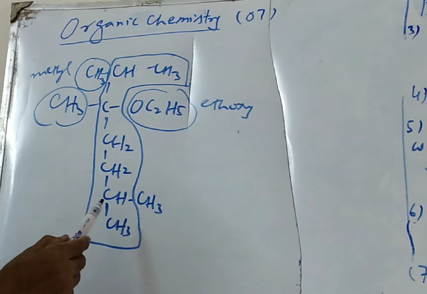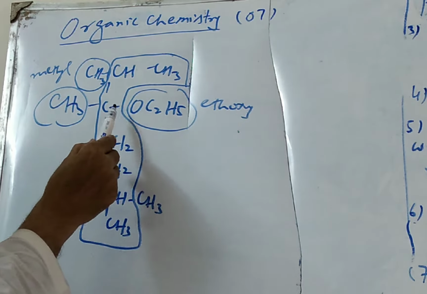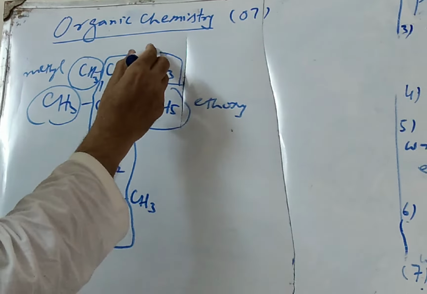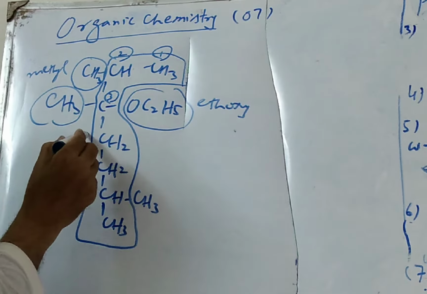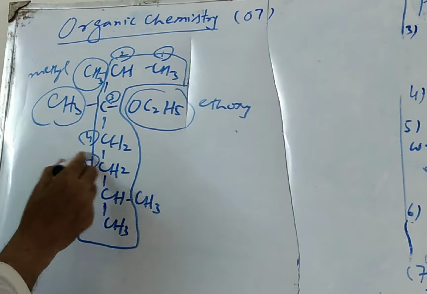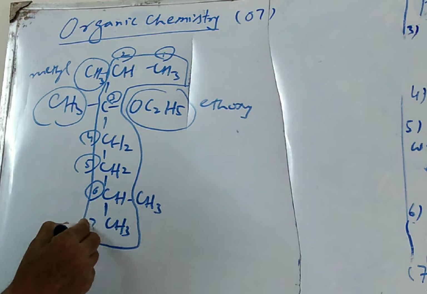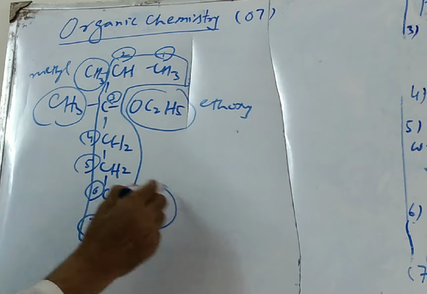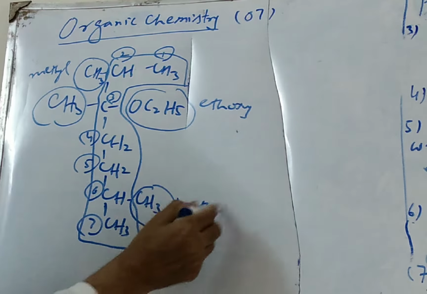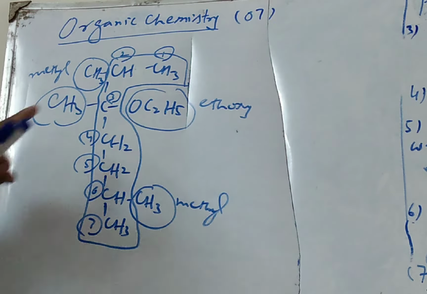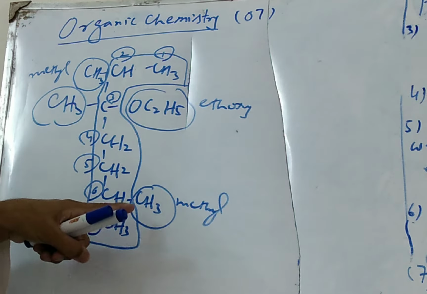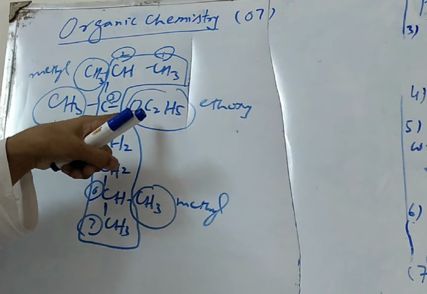Now the numbering 1, 2, 3, 4, 5. 1, 2, 3. So numbering should be started from this side, 2, 3, 4, 5, 6, 7. Again this is the methyl. So you can see basically we have the 3 methyl groups. This is the 3 ethoxy.